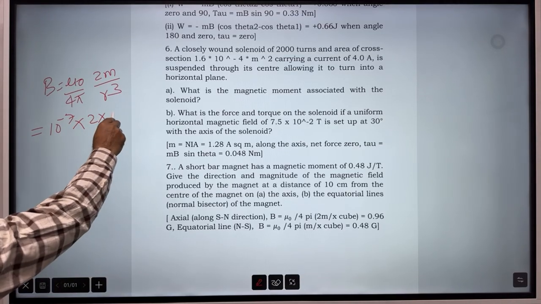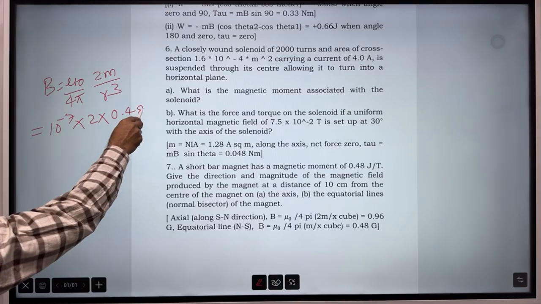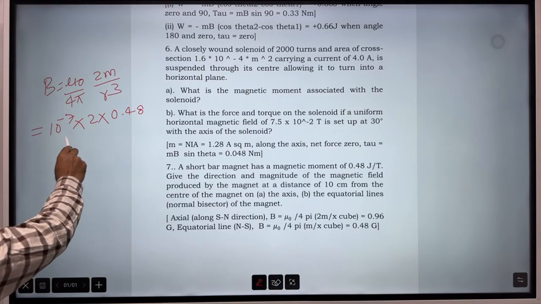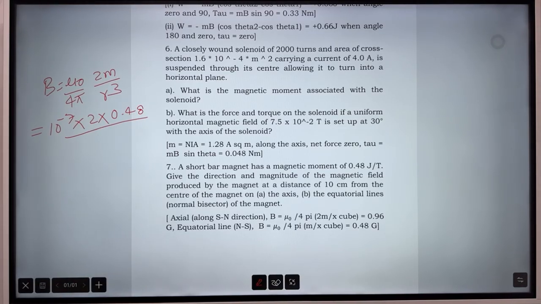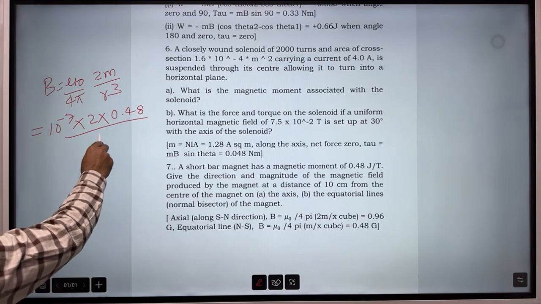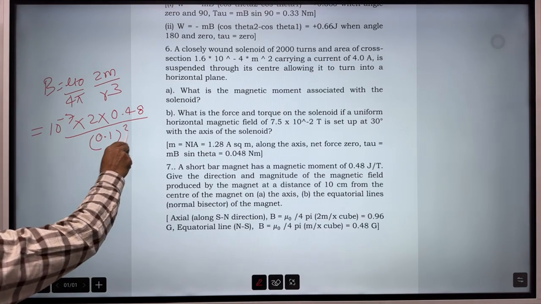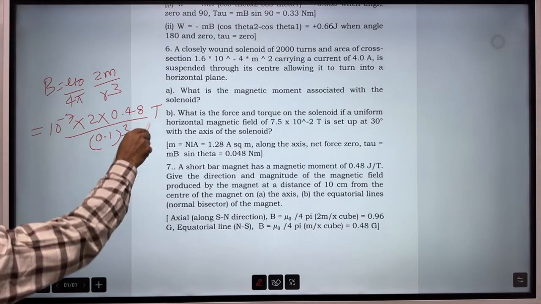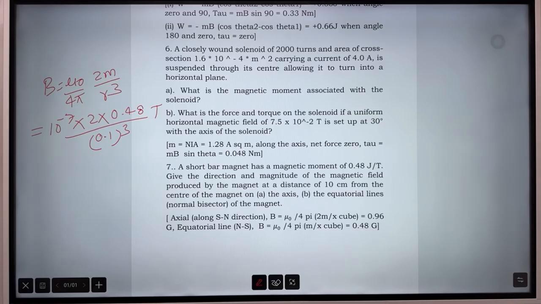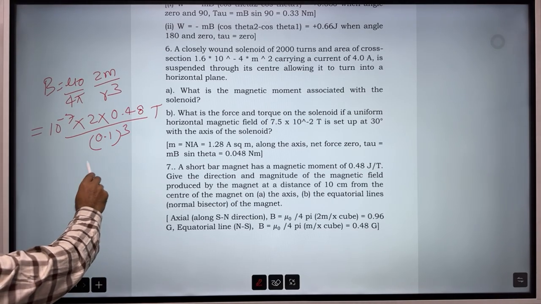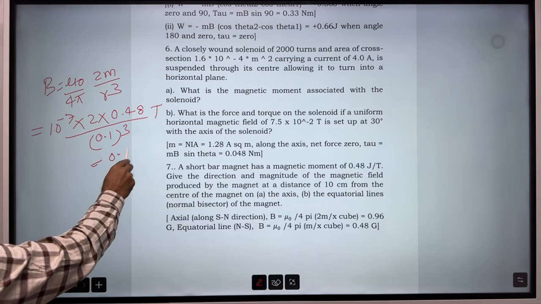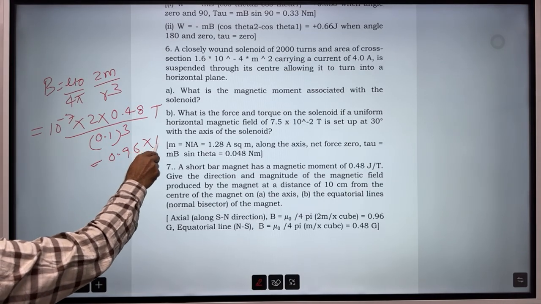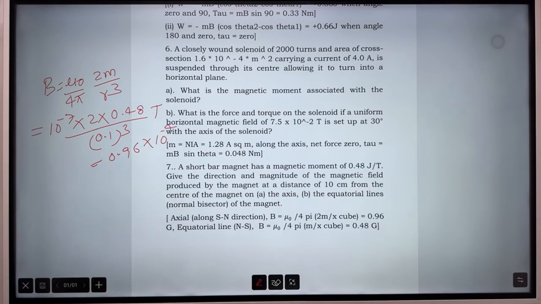Magnetic moment is given as 0.48, divided by r cube. Distance is 10 centimeter, so 0.1 whole cube, and this is in tesla. On evaluation you will get 0.96 × 10^-4 tesla, right?